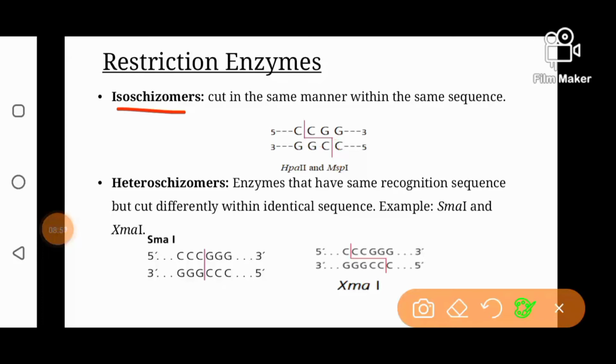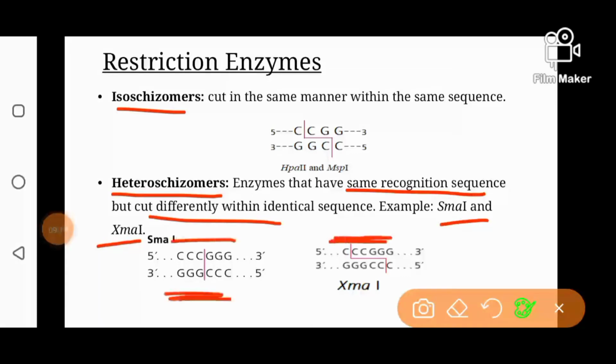There are some enzymes which are known as heteroschizomers, that recognize the same sequence but cut differently within that same sequence, like SmaI and XmaI. Both of these enzymes identify a 6 base pair sequence, CCCGGG, but both of them cut differently.